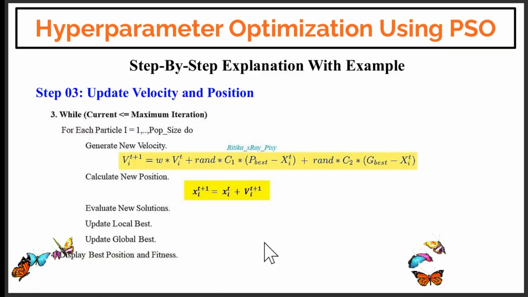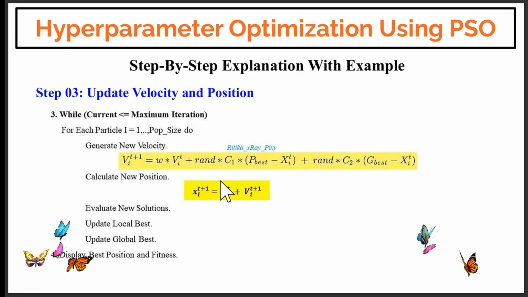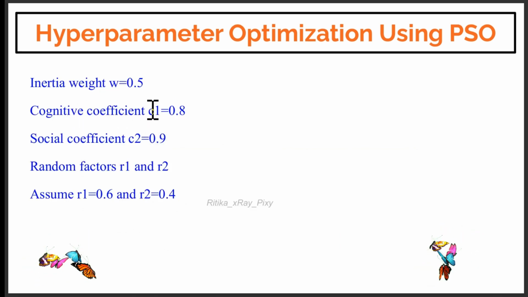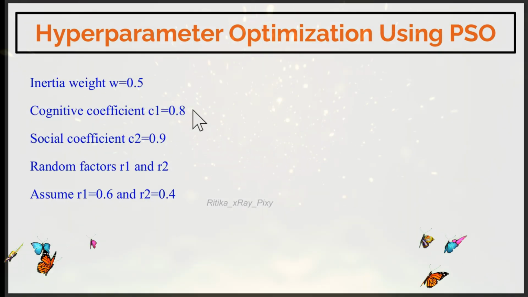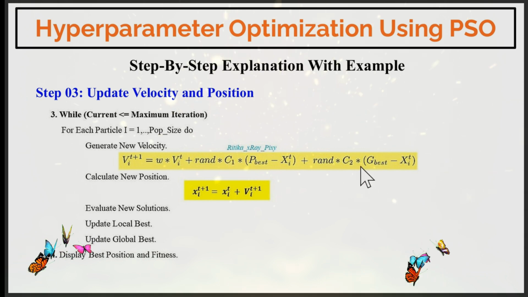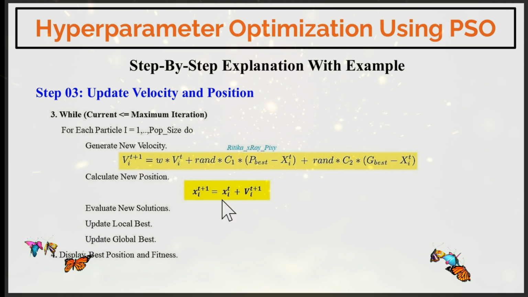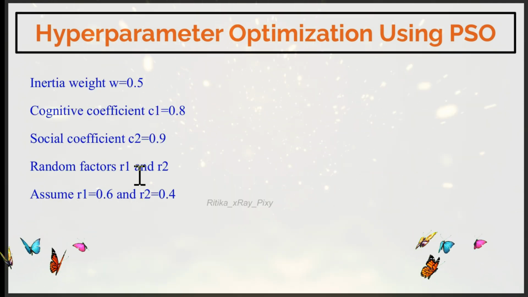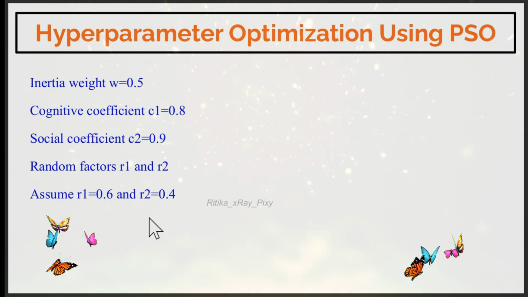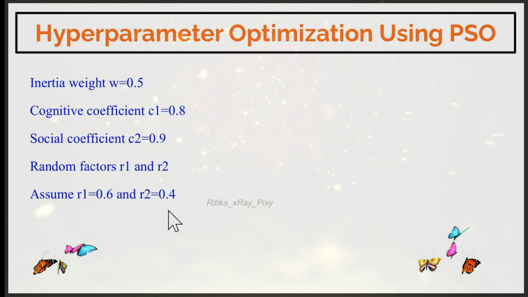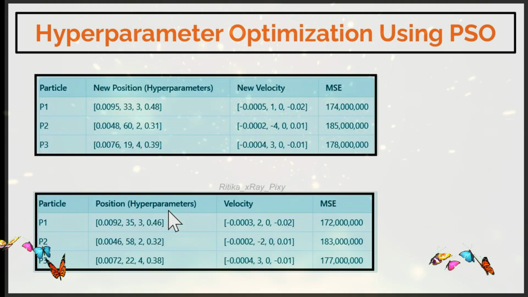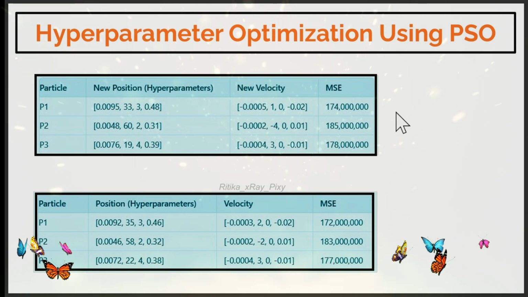You can see in the velocity formula, we have W, the inertia weight, and the value we're using here is 0.5. Then we have two coefficients, C1 and C2: C1 is 0.8, C2 is 0.9. The random values are R1 and R2, which are distributed between 0 and 1. Suppose R1 is 0.6 and R2 is 0.4. Now suppose the next position that we obtain for the particle is here.